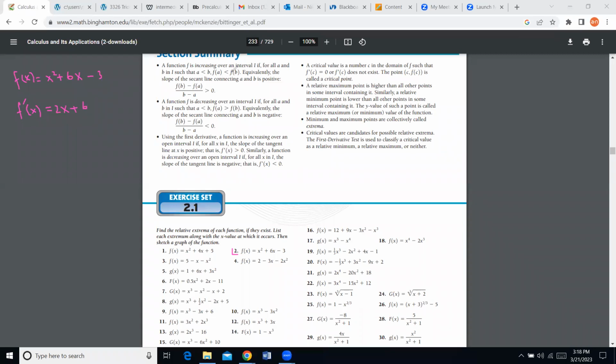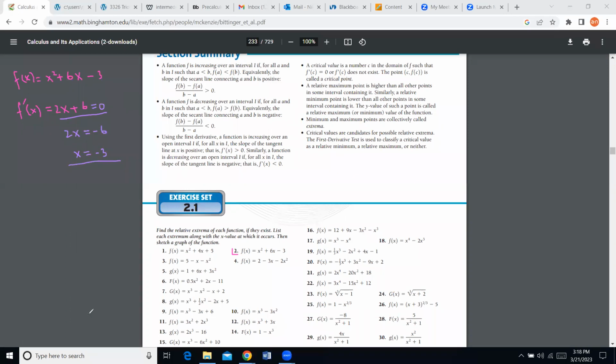Once I write this equal to 0 and solve this little equation, I will be able to find the so-called critical point. So we bring that 6 over to the right side as a minus 6. So x is equal to -3.